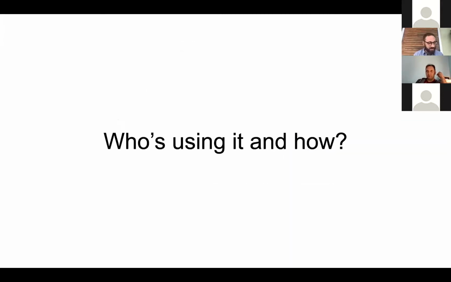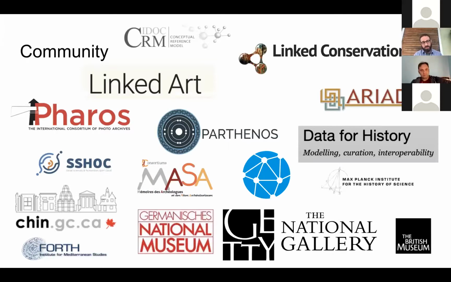But I would like to take the last 2 minutes to talk about who's using CIDOC CRM and how you can use it, and then give the floor to you, hopefully not having taken too much time. So in a nutshell, these are some organizations and groups that are using CIDOC CRM, and I would classify them and document them into different kinds.